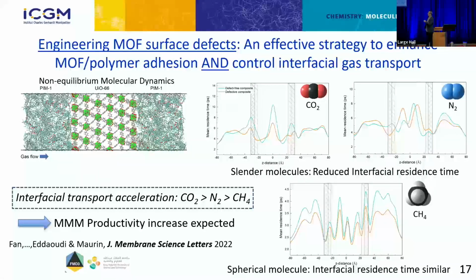You see that at the interface where we are interested to work, the residence time for CO2 and nitrogen is increased compared to the non-defective one, while CH4 is similar. Then you can expect an acceleration of the transport following this order, CO2 faster than nitrogen and faster than CH4. And of course, it is of interest also for the selectivity if you consider CO2 over CH4 or CO2 over nitrogen.